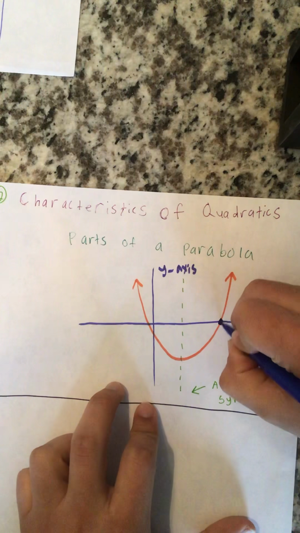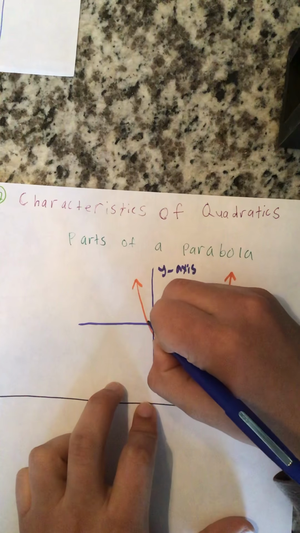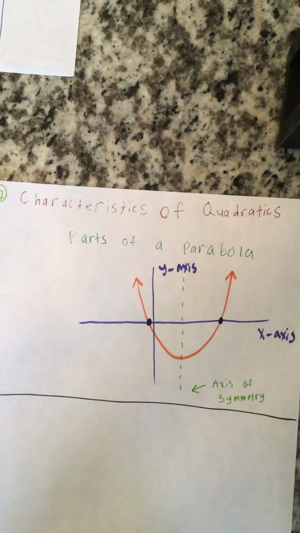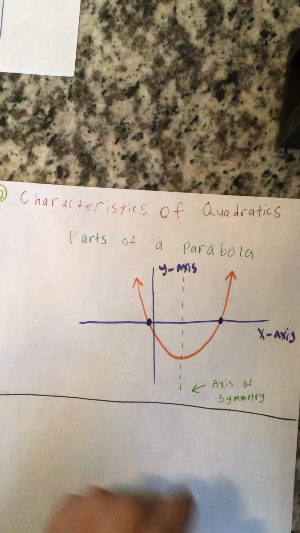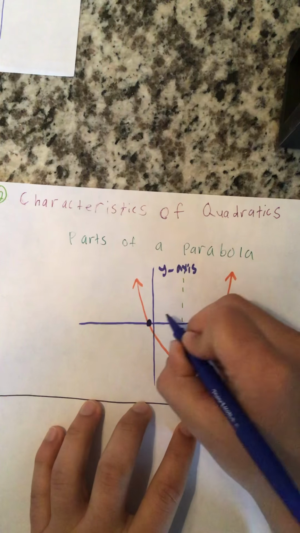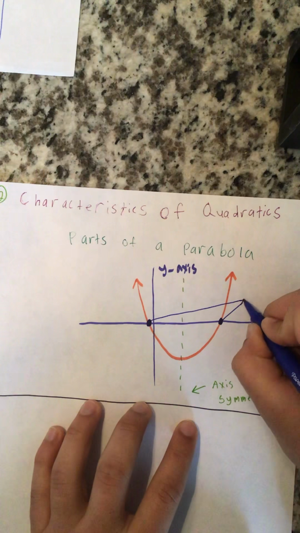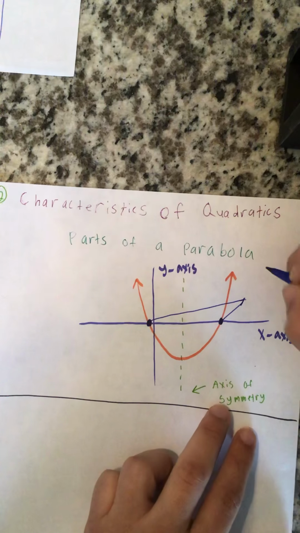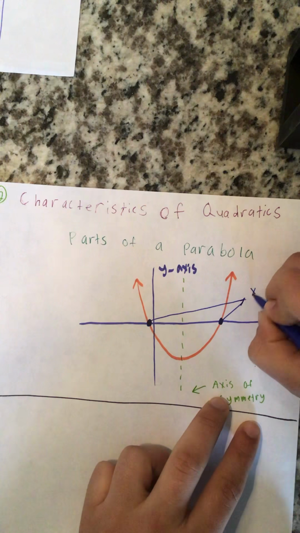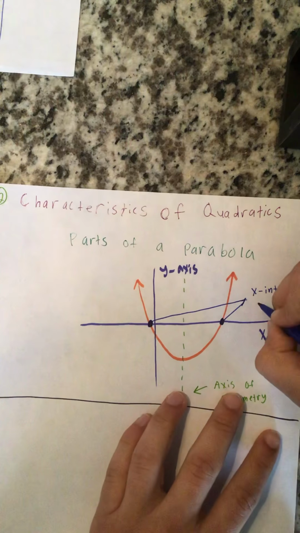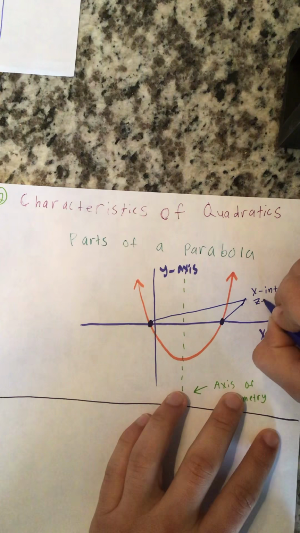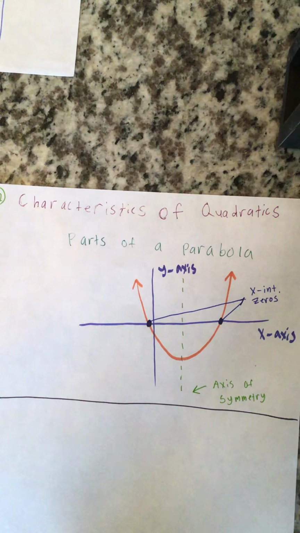The next characteristic we're going to look at is this one. We've actually talked about these before, but we're going to use them now. Those 2 dots I just did are called x-intercepts or zeros, okay? There's actually a lot of names for them. Zeros is the way you're going to see most often in this section.